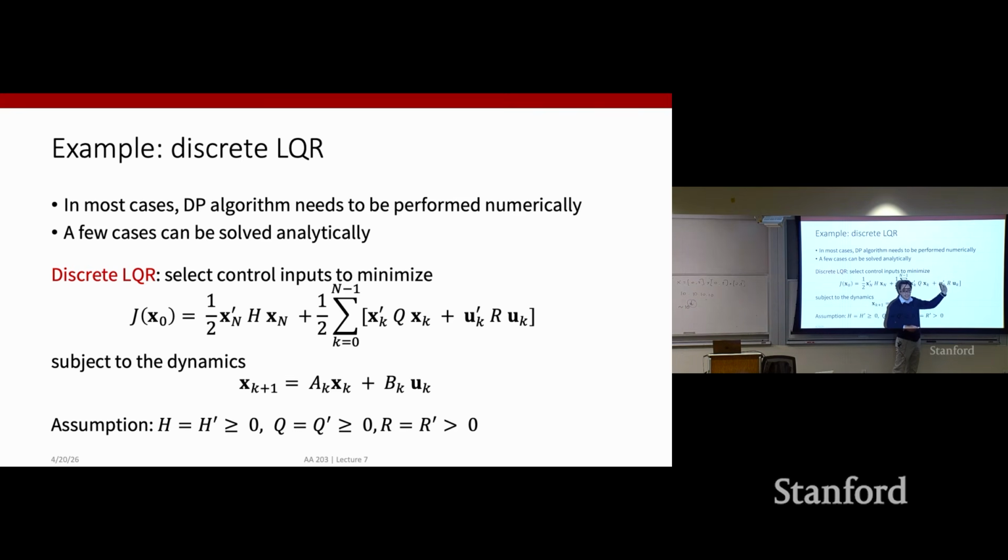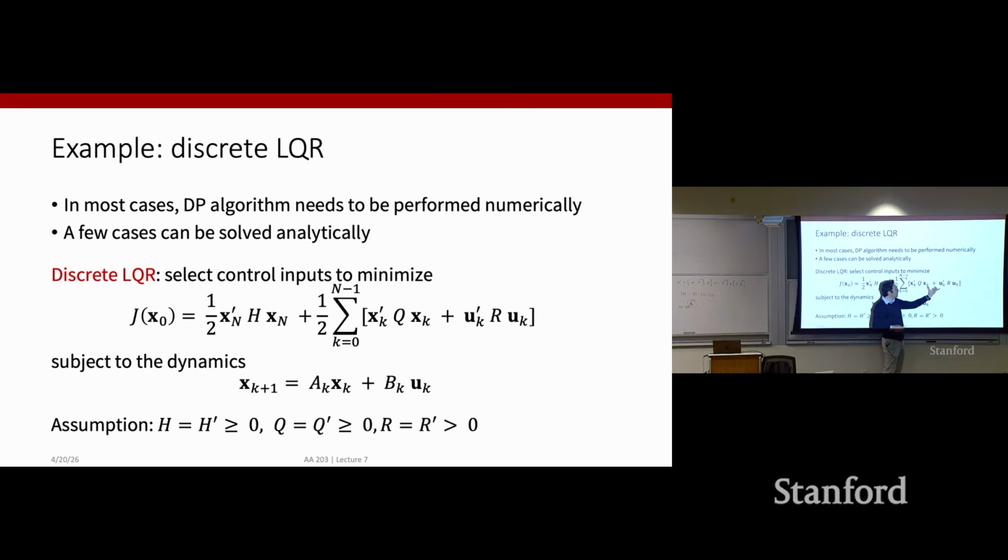U squared basically models how unhappy you are about using control U. X squared is basically telling us how unhappy you are about being in state X. Since you are squaring the state, what this objective is essentially modeling is that you want to go to the origin where the state X is equal to 0 so that you don't pay any cost. And you want to do so with a control U that minimizes the sum of the U squares. So you want to basically minimize energy.